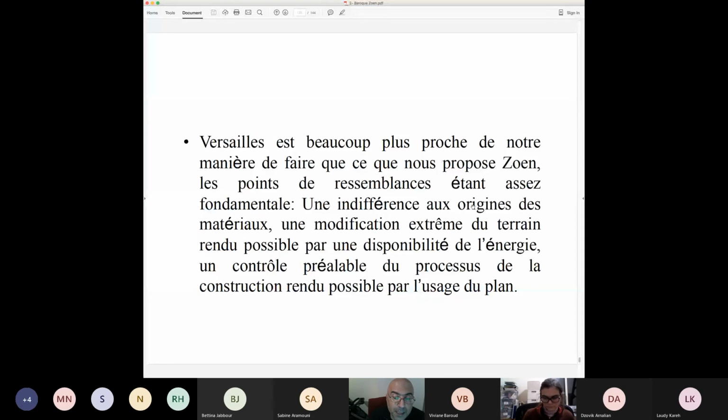And this pre-planning is an expression of the power of the architect, and through the architect, the power of the king. This pre-planning is made possible by the use of architectural plans, and by the use of maps.